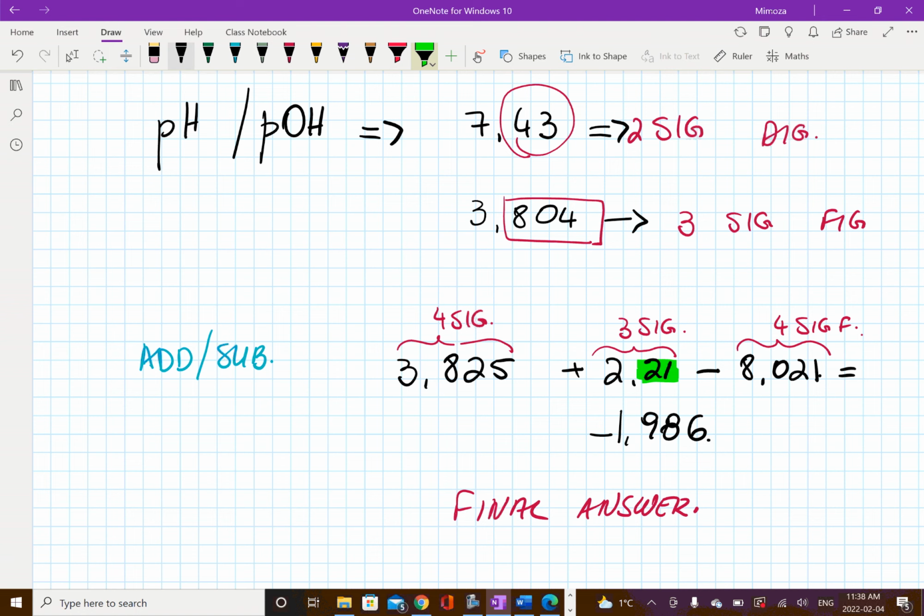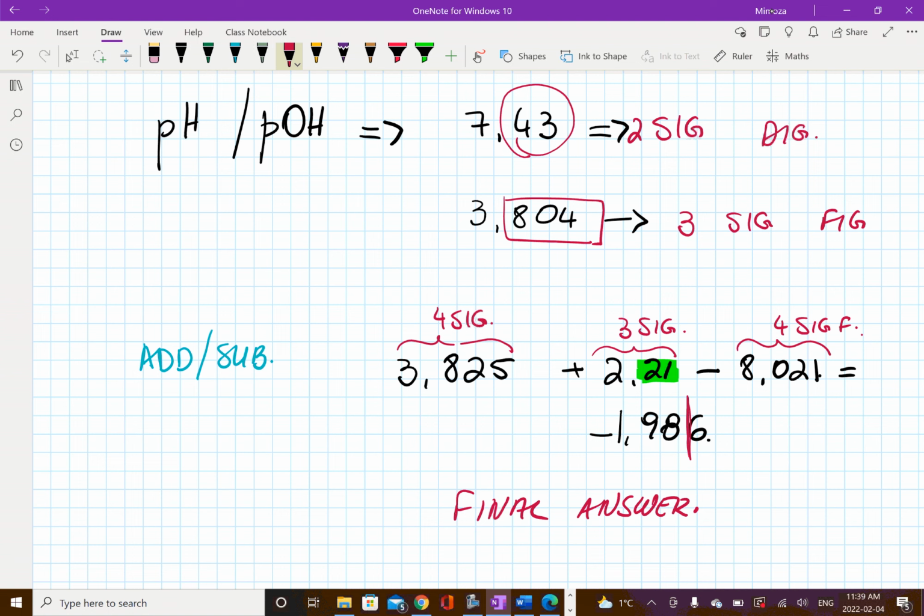So the final answer will reflect the lowest number of digits after the decimal point, so we have to stop at this place here.